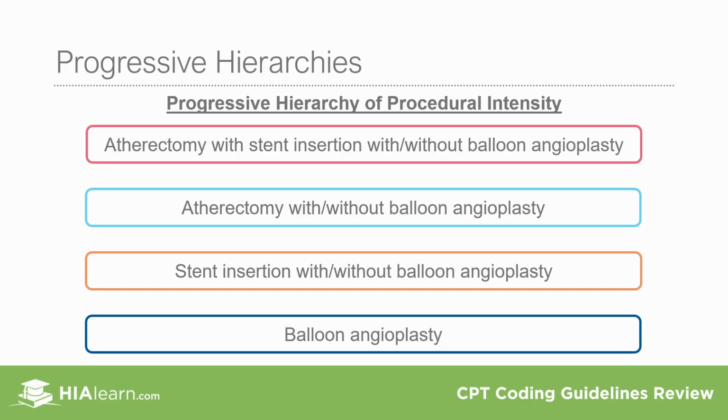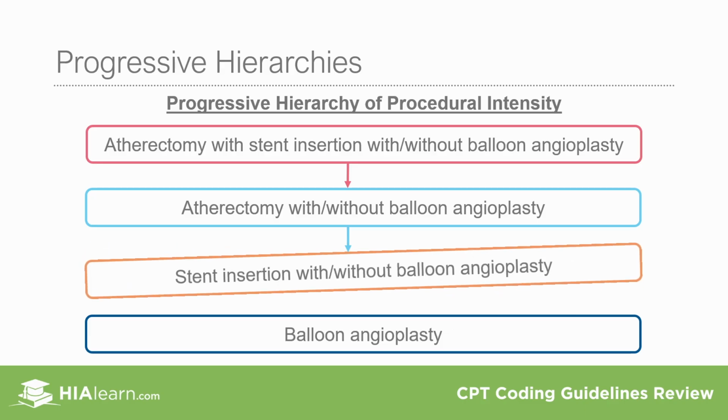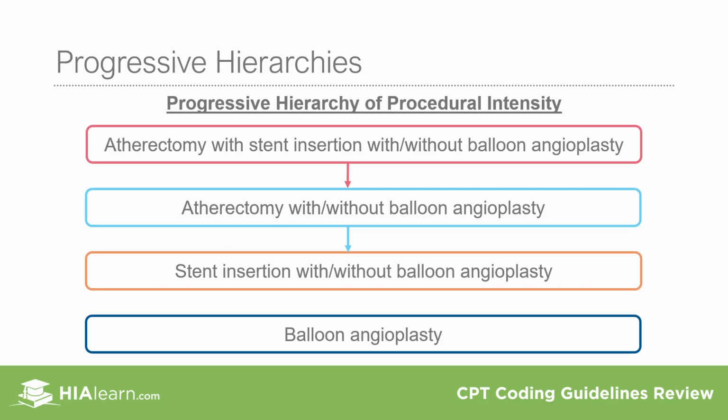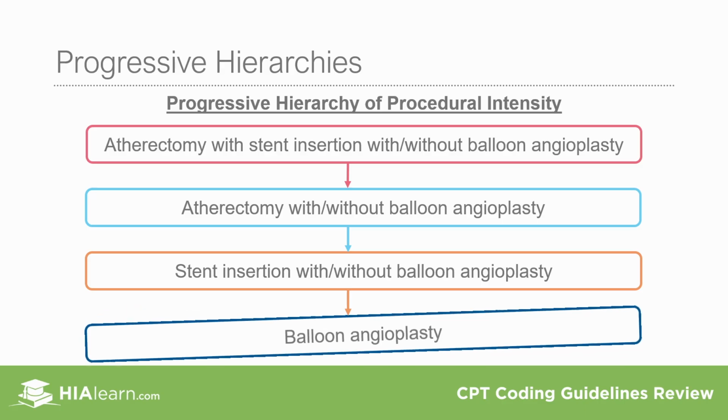For this hierarchy, the most intensive or complex service is an atherectomy with an accompanying stent insertion, either with or without balloon angioplasty. The next most intensive service is an atherectomy, performed alone or with balloon angioplasty. Next in complexity is stent insertion, performed alone or with balloon angioplasty. And the least intensive service is balloon angioplasty alone.